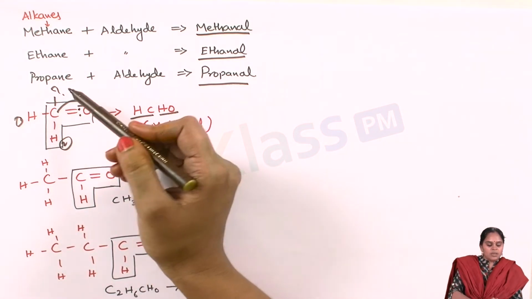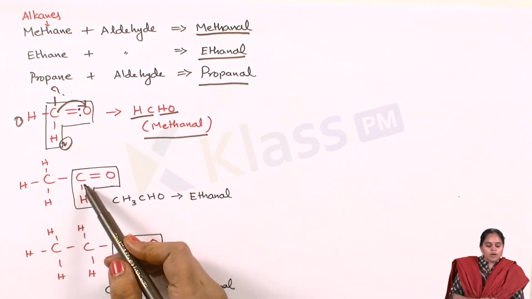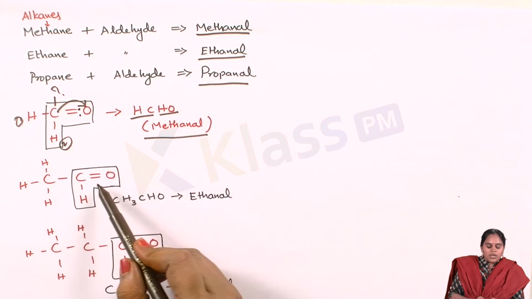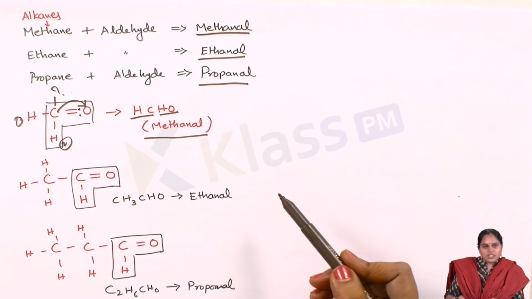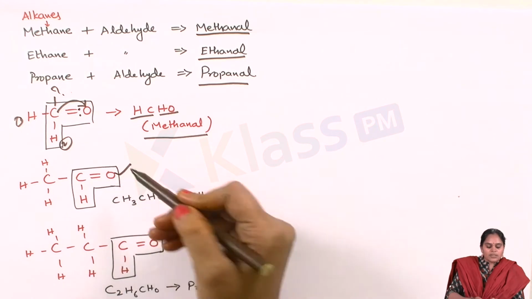In the same way, in methane only one carbon is there. If you see ethane, there are two carbon atoms. As I told you, it is always formed at the end of the chain only, because when hydrogen does not come to share its electron, then only it will make a double bond with the oxygen.